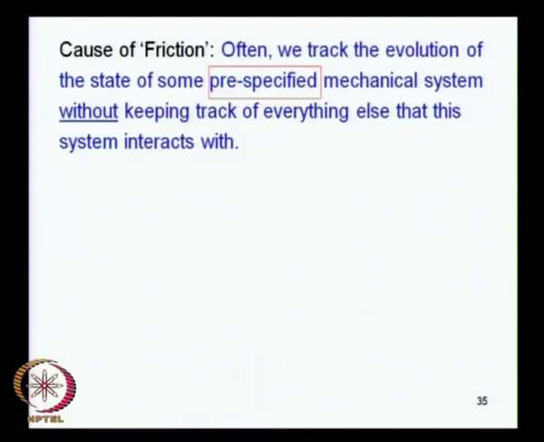So, what is the origin of dissipation is a question that we must really address, and what I would like to point out is that this comes only because of the manner in which we set up the equation of motion. Ultimately, when you solve a mechanical problem, what you do is you identify some system, okay, I am going to solve the mechanical problem for a certain system. There is a certain mechanical system, it could be this, okay.